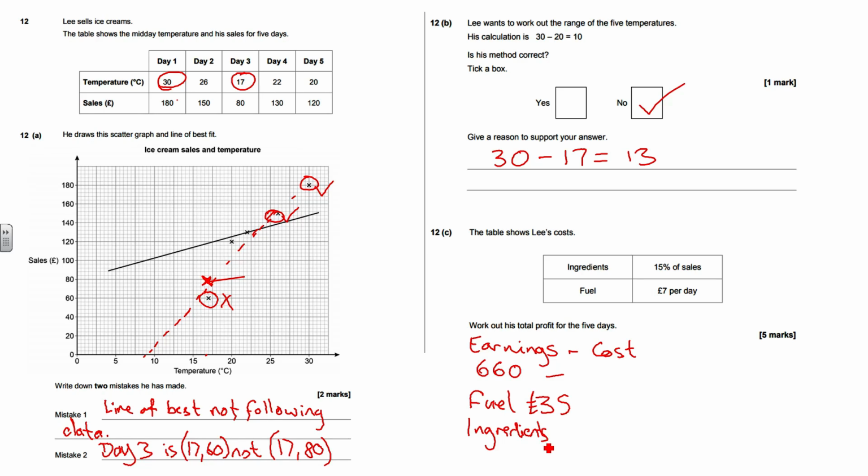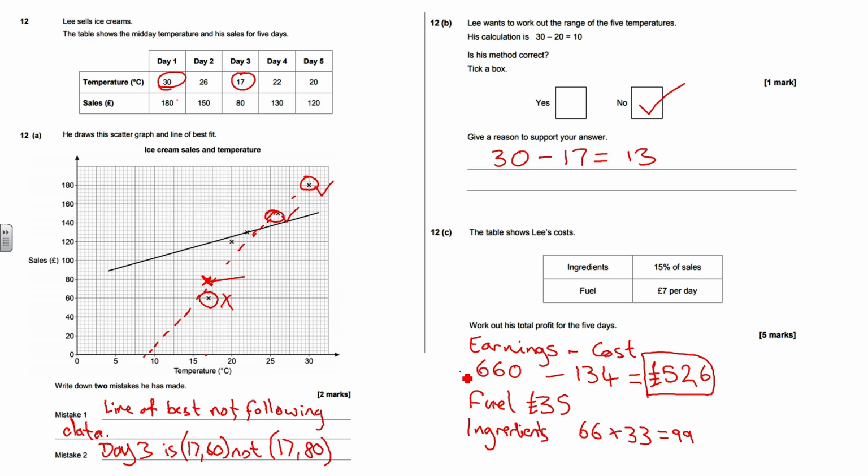I reckon I can do that in my head. 10% would be 66, 5% would be 33, put those together, we get 99. So all told, 99 plus 35 is £134 worth of costs that we need to take off there. Subtracting 134 from 660 will give me £526. There's his profit.